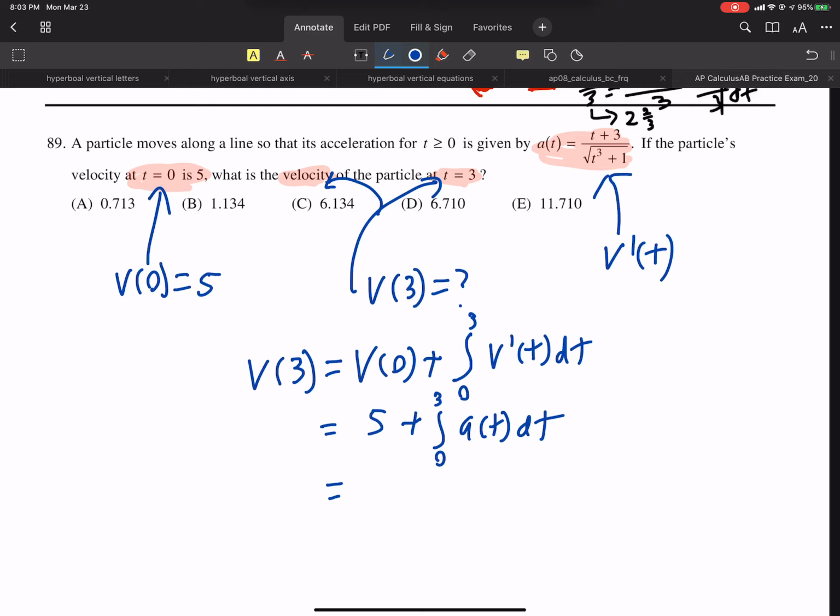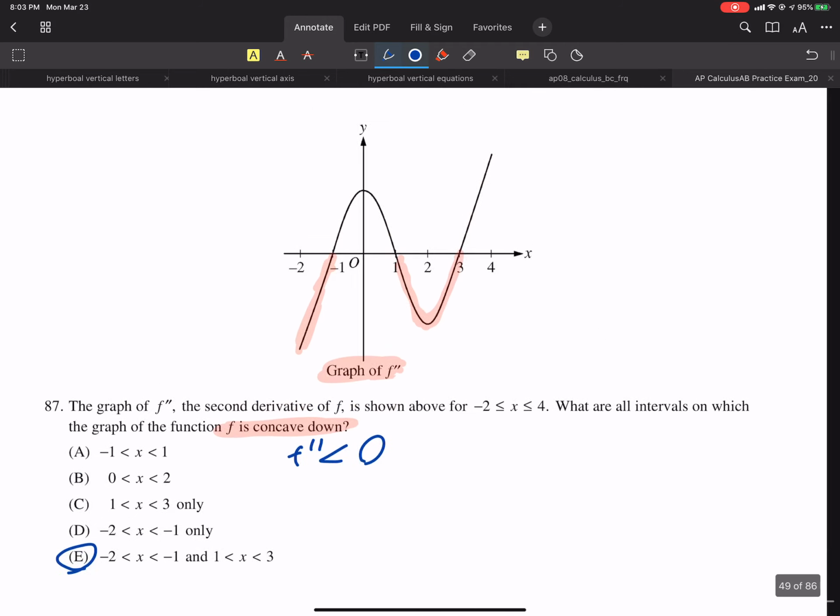So in my calculator, 5 plus math 9 from 0 to 3, and it's going to be y1 for my function. I get 11.710. Beautiful right there.